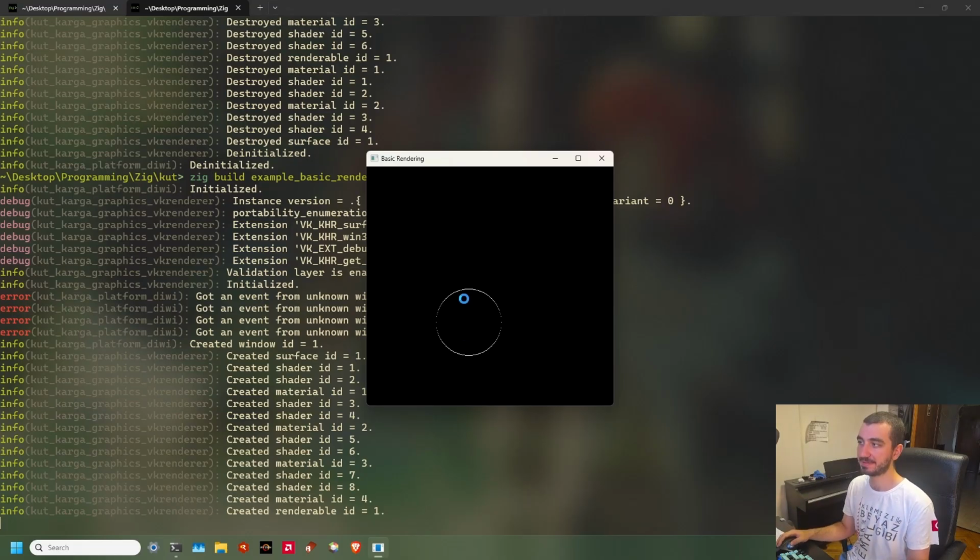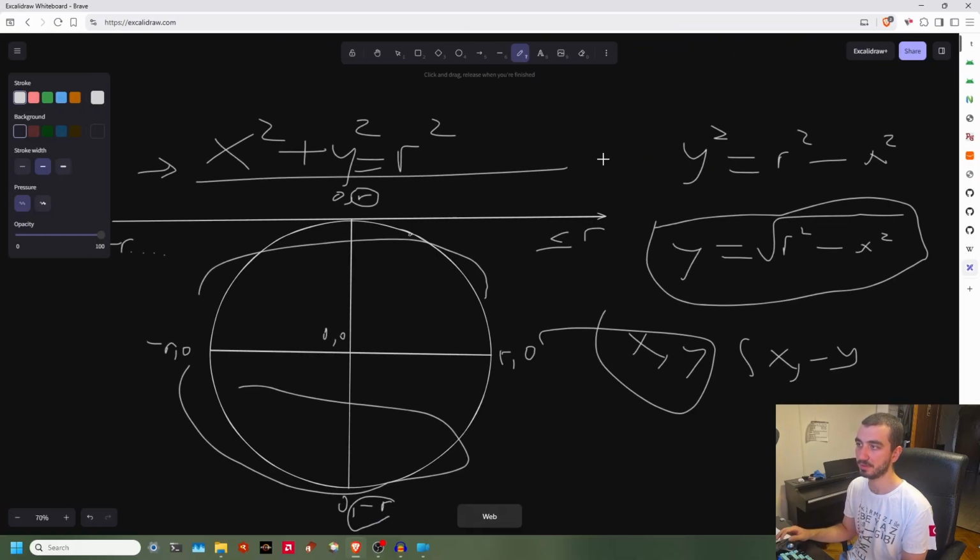As you can see, this is a circle, but there's a problem. The sides are not really drawn properly, right? So this is where the midpoint circle algorithm takes us to a near perfect circle, right? What we do is we basically draw one portion of a circle.